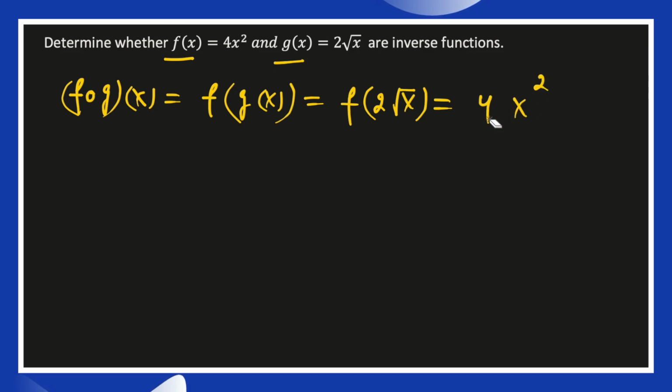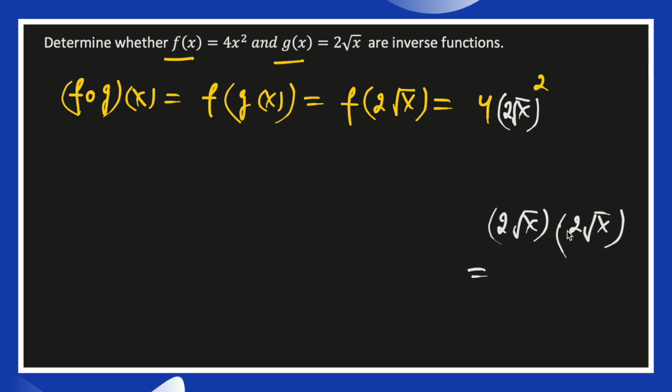But remember, our new x is not this. Our new x is 2 root x. So we have to find the value of 2 root x squared. Again, 2 root x squared means 2 root x times 2 root x. When you multiply 2 times 2, it is 4.